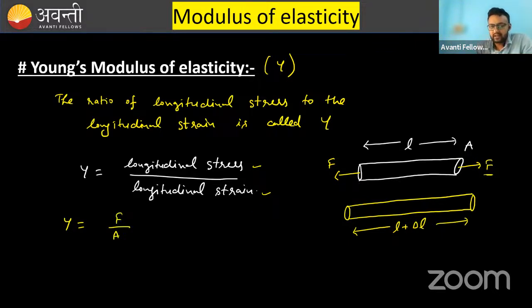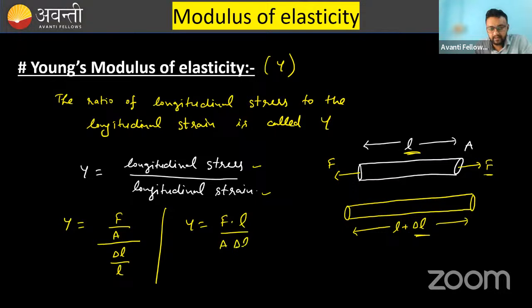Now divided by strain. Strain is change in length over original length. Change in length is delta L, original length is L. So that is delta L by L. Or you can say Y is equal to FL divided by A delta L.